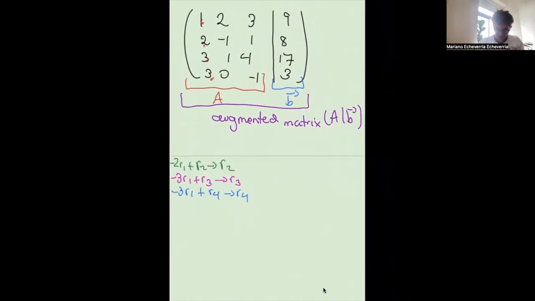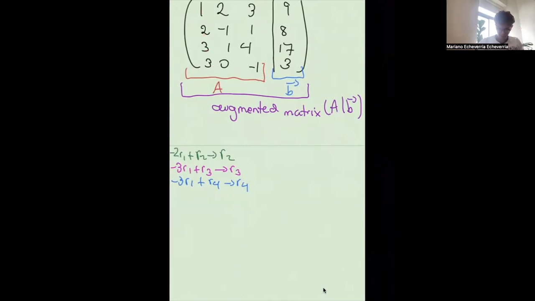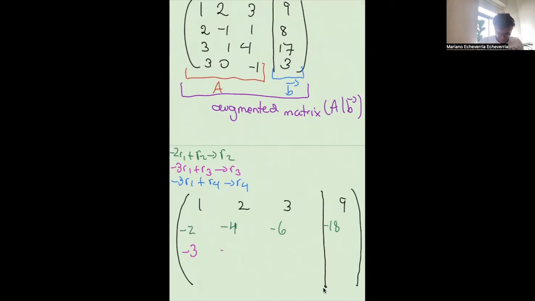So let me see if I can copy this. The first one is minus 2, so it's minus 2, minus 4, minus 6, minus 18. Then with minus 3, it's minus 3, minus 6, minus 9, minus 27.